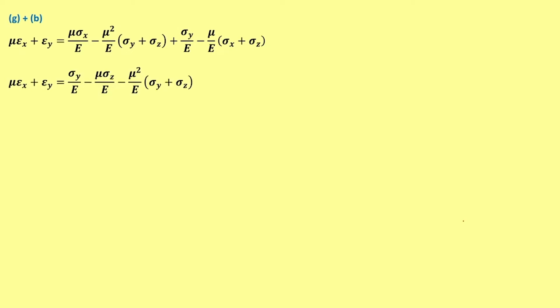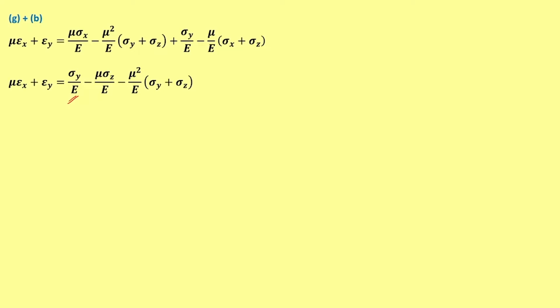G plus B will give mu into (epsilon x plus epsilon y) is equal to mu sigma x by E minus mu square by E into (sigma y plus sigma z) plus sigma y by E minus mu by E into (sigma x plus sigma z). Now, if you simplify this, with the left hand side remaining the same, you will get sigma y by E minus mu sigma z by E minus mu square by E into (sigma y plus sigma z).